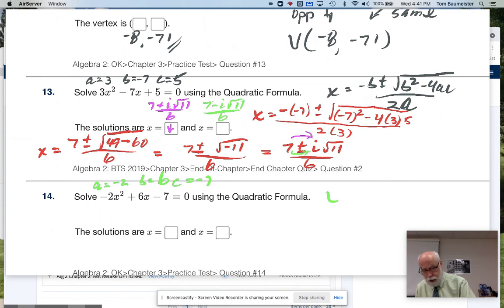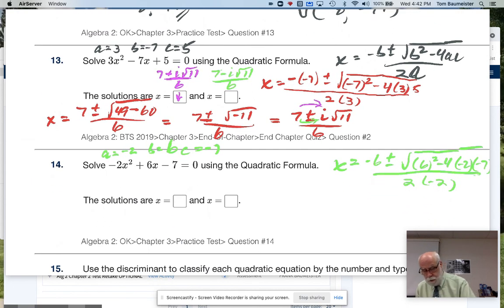So again, I'll have x is equal to negative 6 plus or minus the square root of 6 squared minus 4 times negative 2 times negative 7. All of that over 2 times negative 2.